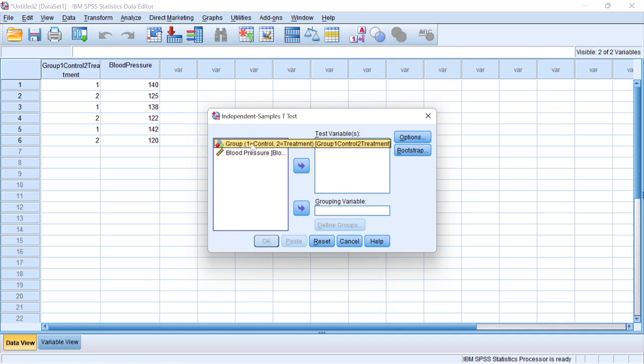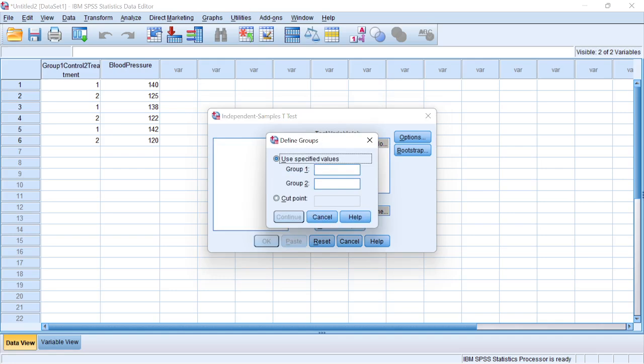Now for the group, as you can see, the control is one. So I'm going to put this one to the group part and the blood pressure to the test variable. Now after that, I'm going to define my group. The group one is the control, so I'll pick one for control, then two for treatment.